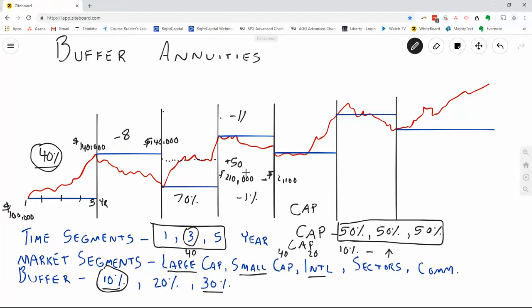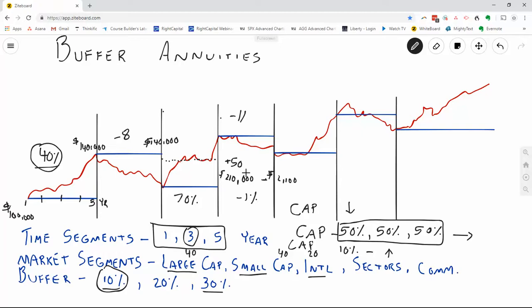If you take the 20% buffer, caps are going to be diminished a little bit. And if you take that 30% buffer, then those caps are going to be even less. So you have to keep in mind that there is a correlation between how much risk you take on and the risk and the reward, the gain and the loss.